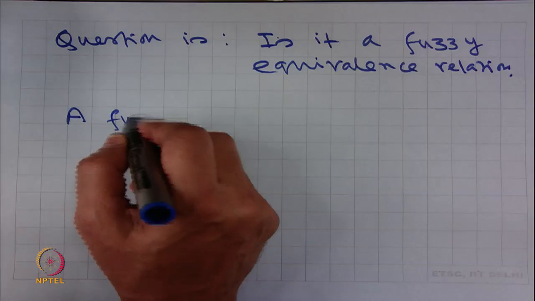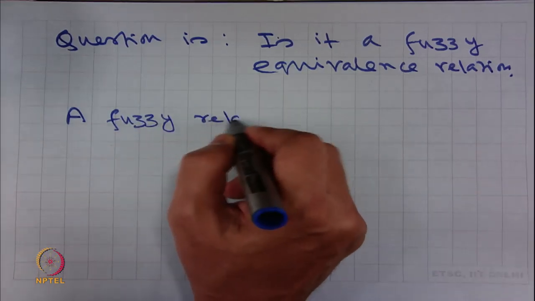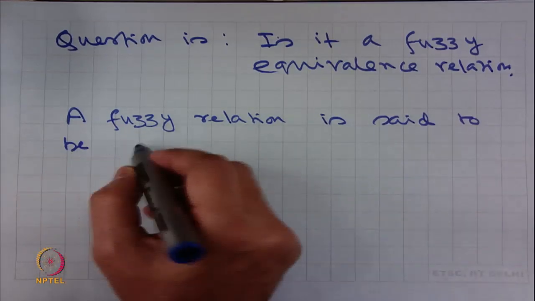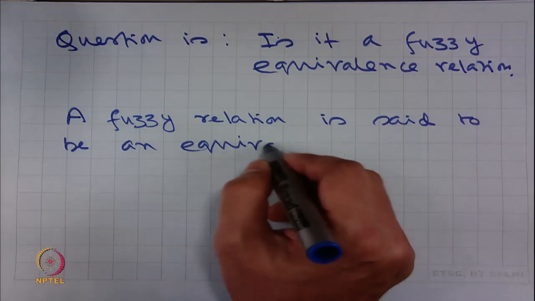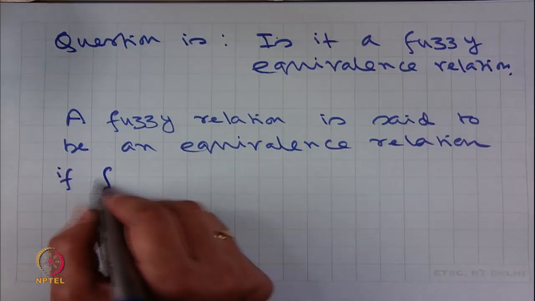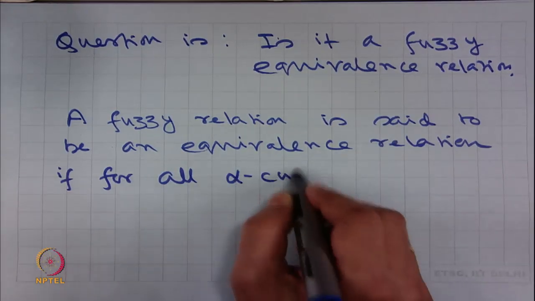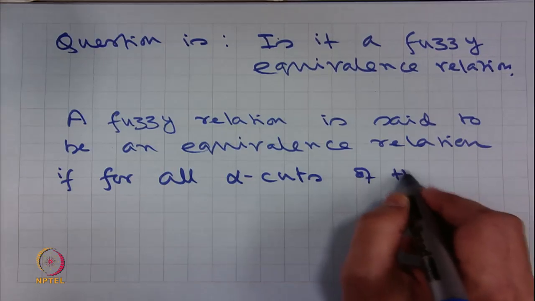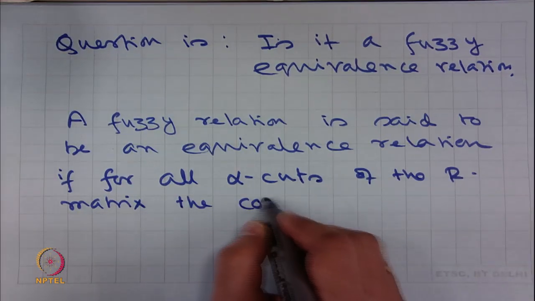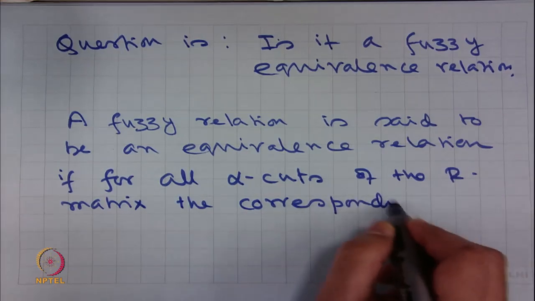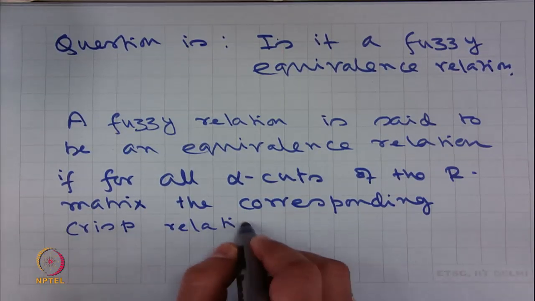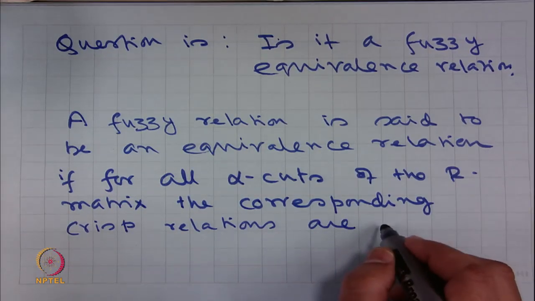A fuzzy relation is said to be an equivalence relation if for all alpha cuts of the R matrix, the corresponding crisp relations are equivalence relations.